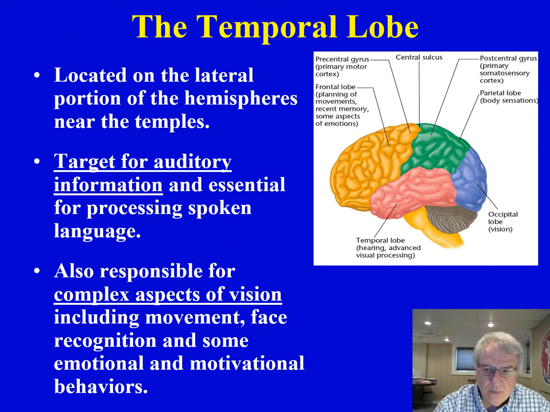The temporal lobe that you see here is our temporal lobe, principally involved in hearing. Very important for spoken language, but as we will see, also very important for face recognition and other advanced visual processes.